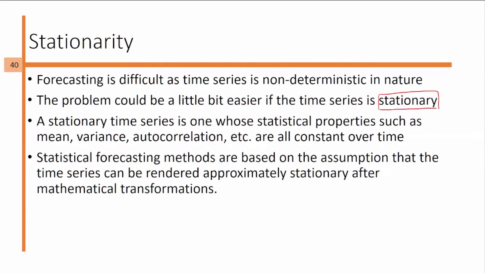Stationary means statistical properties such as mean, variance, autocorrelation are constant over a period of time. And if your data has any of those properties which were just shown, like if it is trend, seasonal, or cyclic, then it will not be stationary. Then you need to do those things.